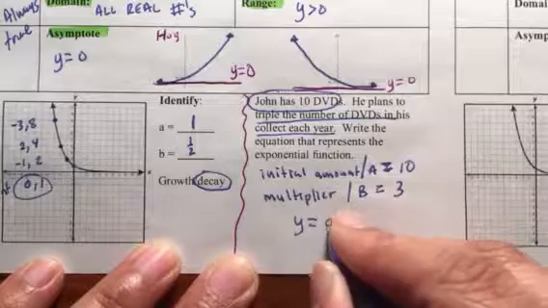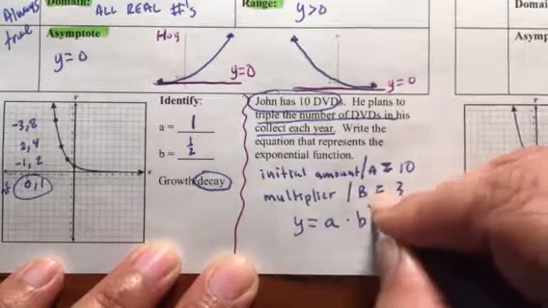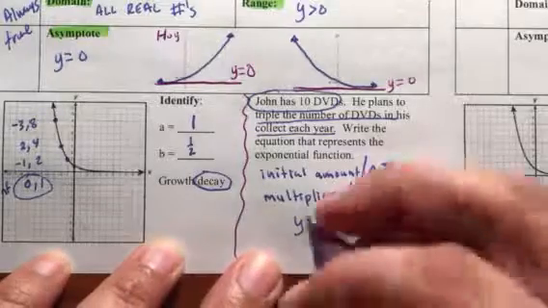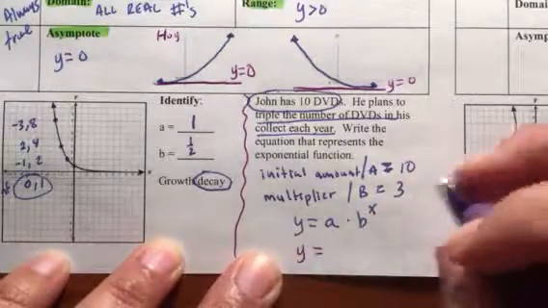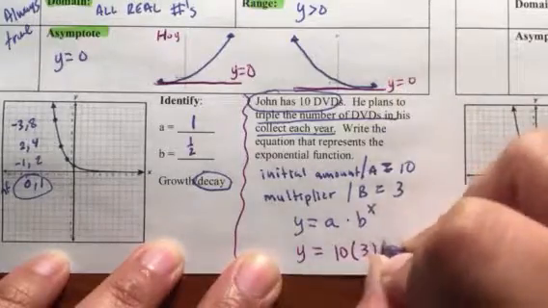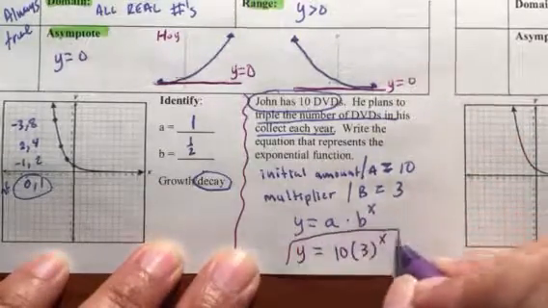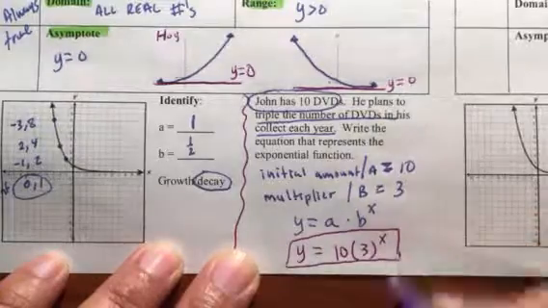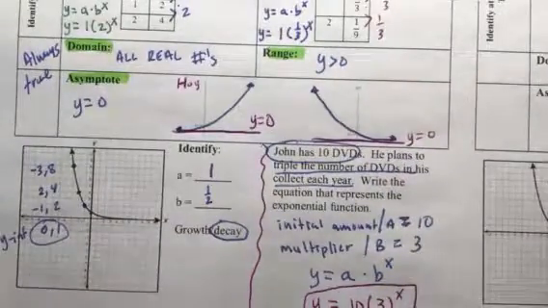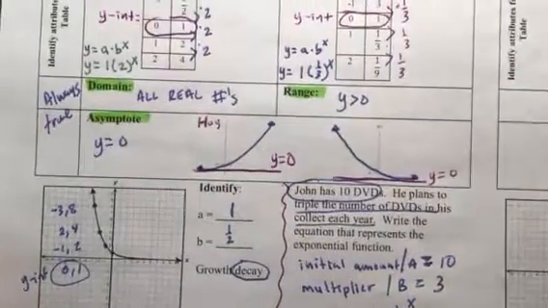Y equals a times b to the x power. So our equation is y equals 10 times 3 to the x power. And there's your answer. Alright. That is exponential functions.